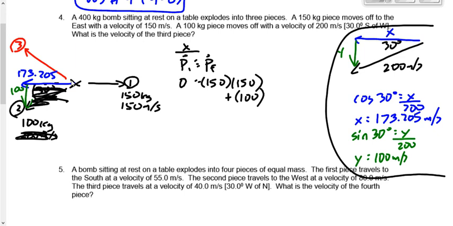How much of that 200 is x component? Jackson, how much of that 200 is x component? Yeah, except we're going to make it negative 173, right? How come we're making negative? Yeah, it's to the left. Good.